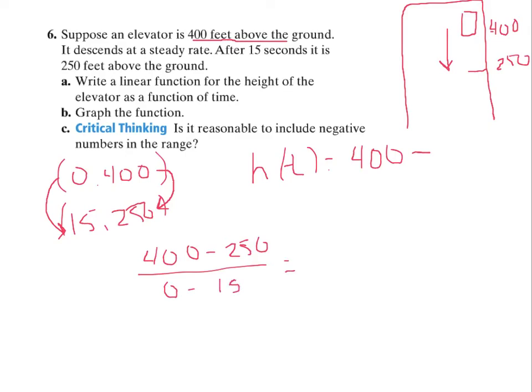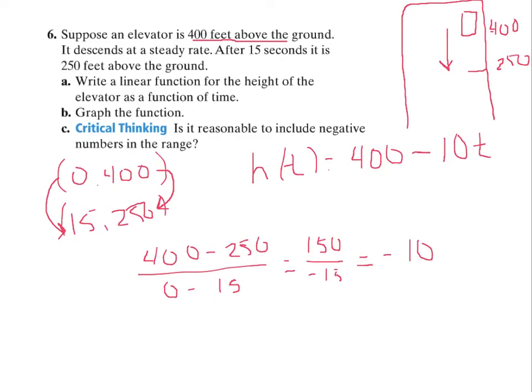In this case, 400 minus 250 is going to give us 150. 0 minus 15 is negative 15, which means that our slope is a negative 10 feet per second. So when we write that, it's going to be minus 10t. So our equation h of t equals 400 minus 10t.